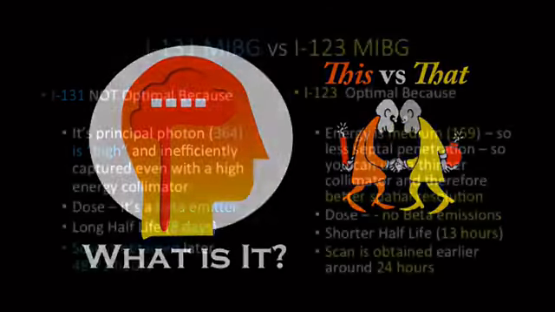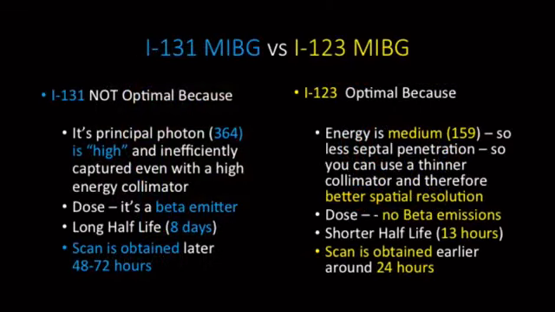All right, so let's do a comparison real fast between the 131 and the 123 versions of MIBG. You have the physiologic part of nuclear medicine. All nuclear medicine sort of works like this, right? You have something that's mimicking physiology.